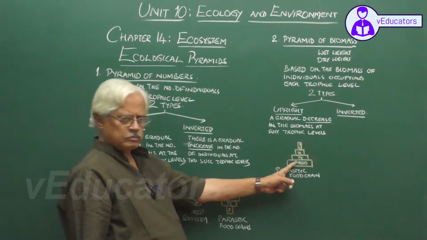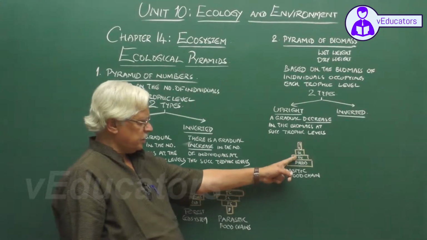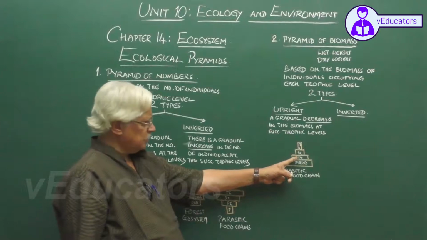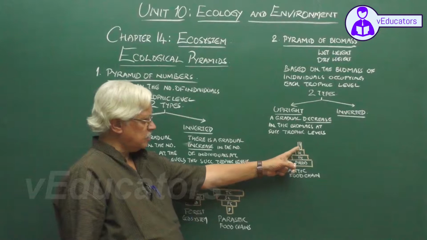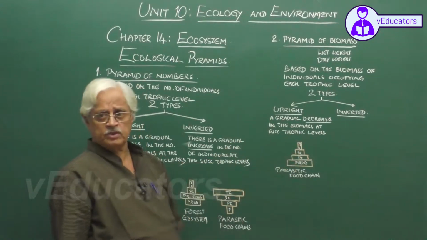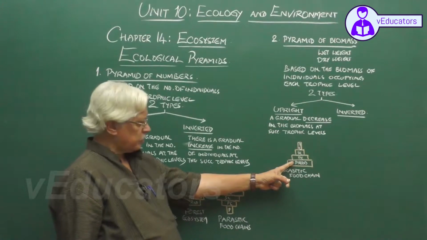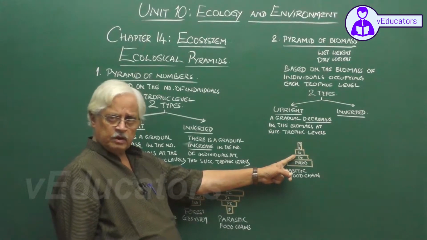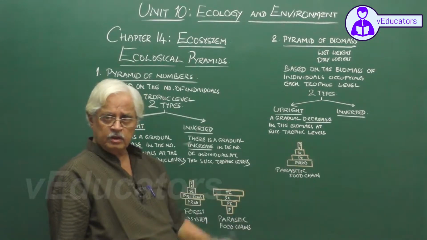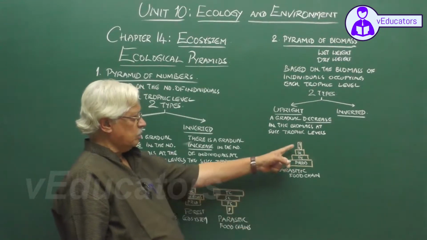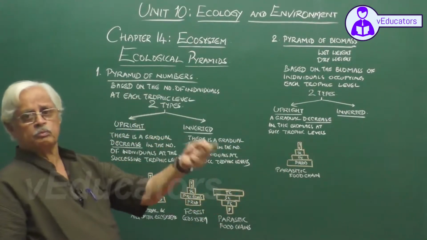There is one tree, hypothetical example, one tree, 100 birds, each bird containing 100 lice, and each louse containing 100 protozoans. What is the biomass of one tree? What is the biomass of 100 birds? What is the biomass of 100 into 100 head louse? What is the biomass of 100 into 100 into 100 protozoans?